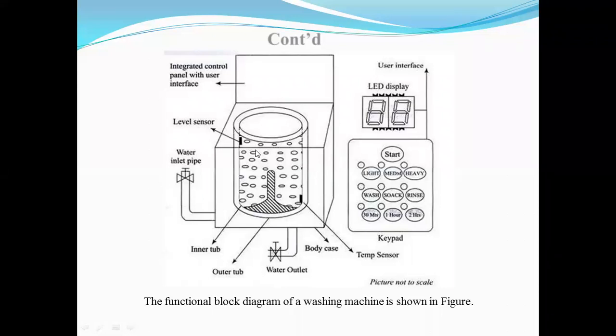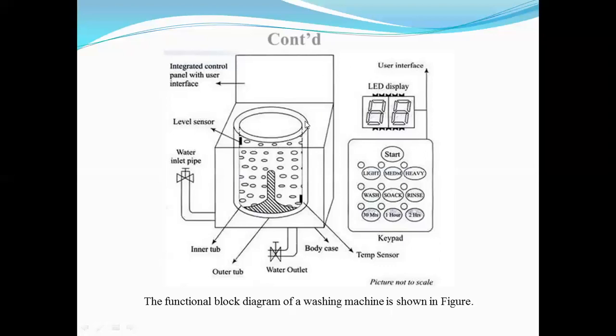Other than that, you can see in the diagram there are sensors. Where are these sensors located? Here you can see one sensor is called the temperature sensor, and one sensor is the level sensor. Why are the sensors required? Whenever you put clothes inside the washing machine, the temperature has to be set.